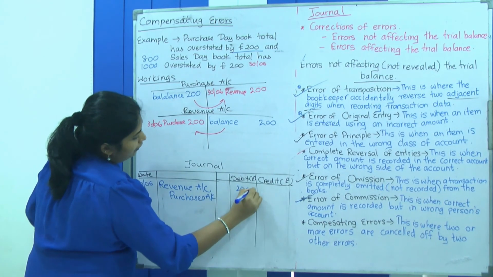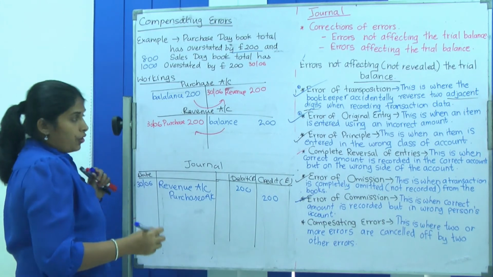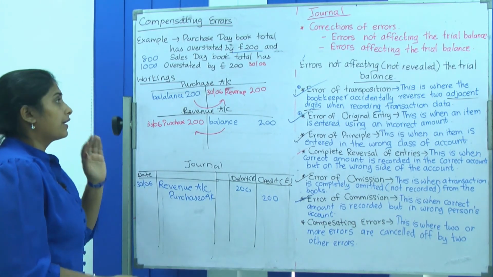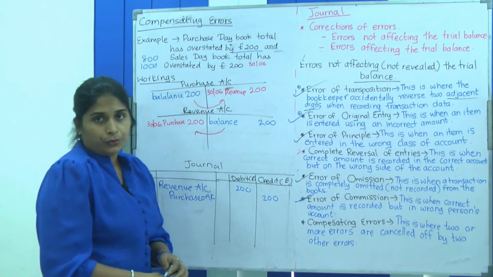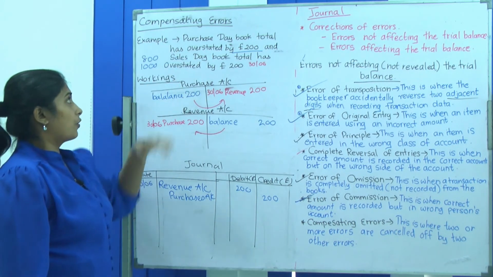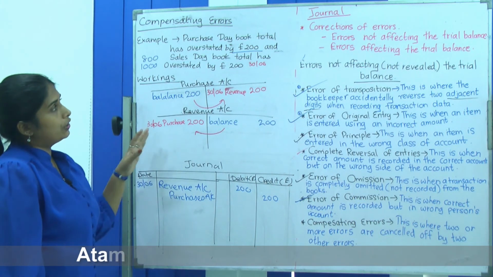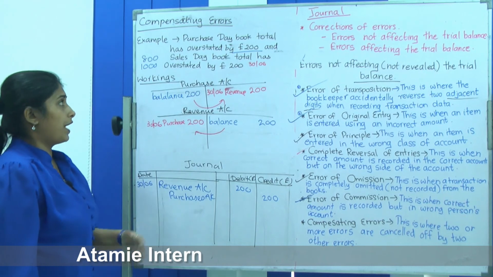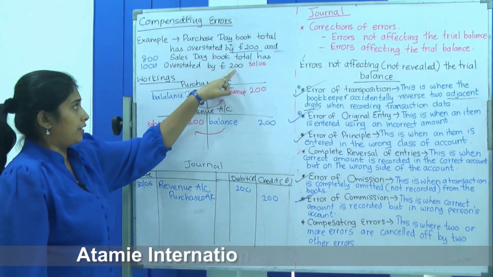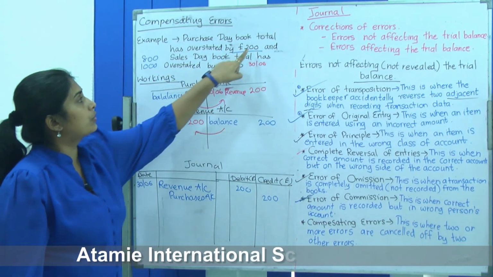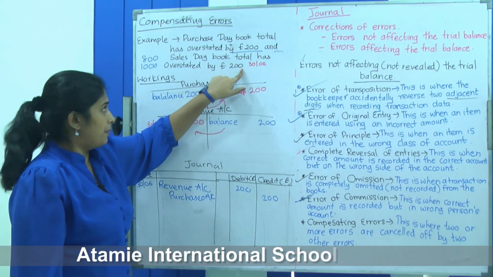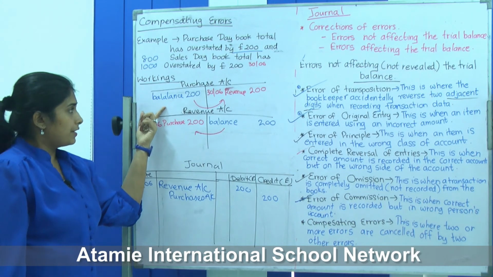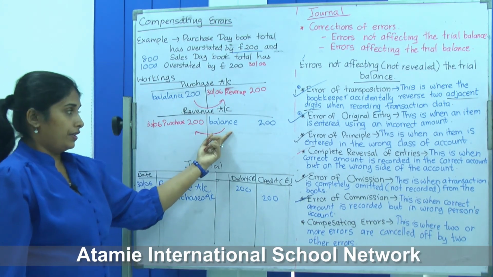Okay, so 200, 200. Compensating errors means two or more errors will cancel with another two or more errors. Those errors are called compensating errors. According to this example, the purchase day book as well as the sales day book has been overvalued by 200. Both are overvalued by the same amount. Purchases are recorded on the debit side and revenue on the credit side.